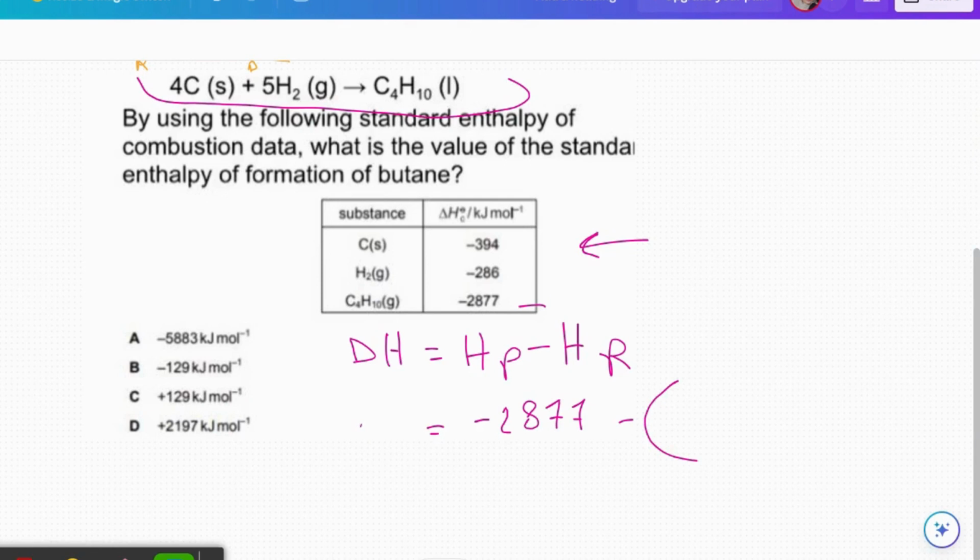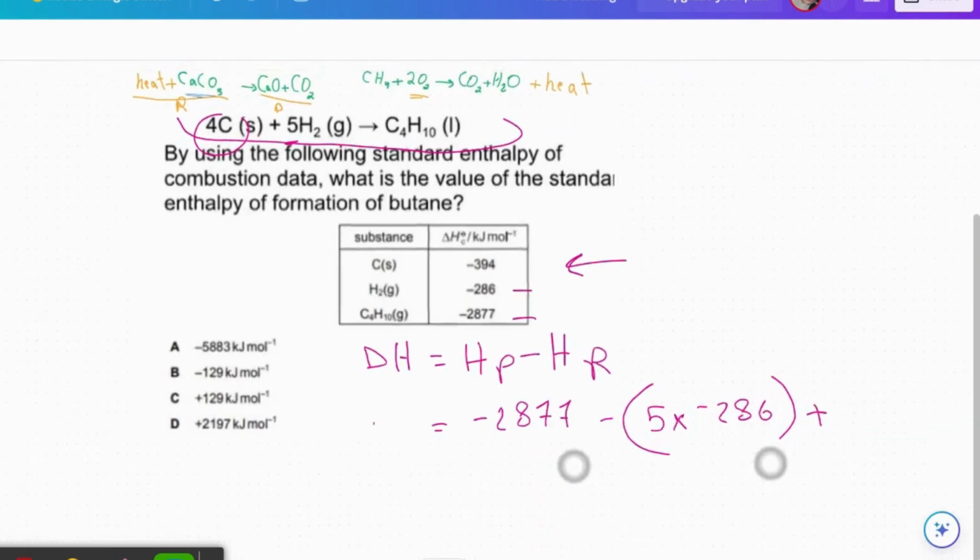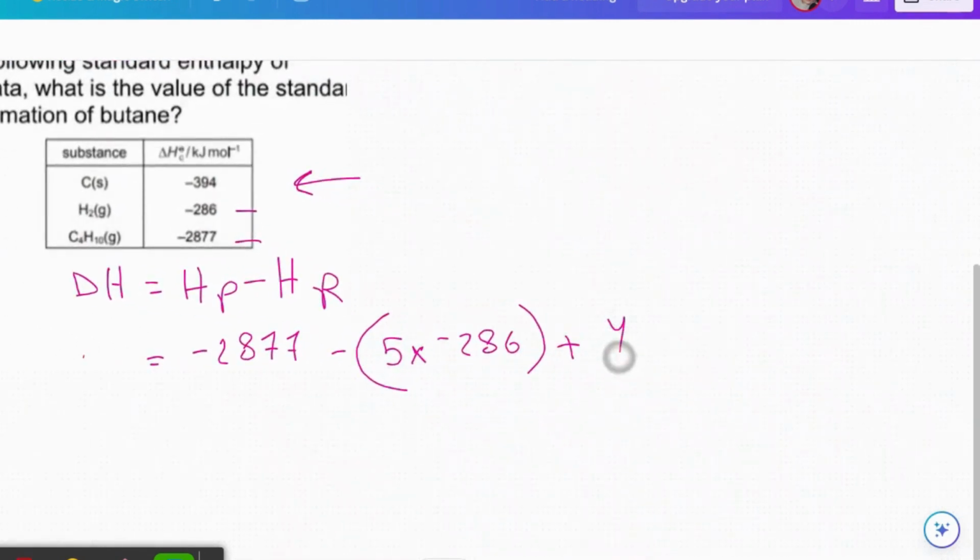hydrogen and carbon. Since we have 5 molecules of hydrogen, 5 times the enthalpy of hydrogen, this one, negative 286, plus 4 carbons, so 4 times carbon, negative 394.